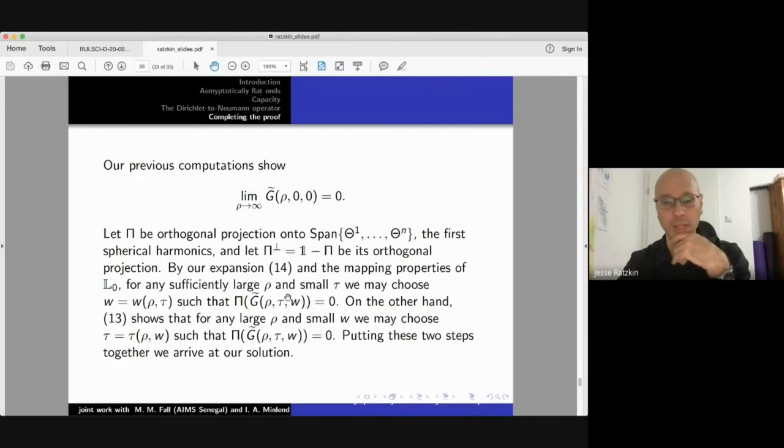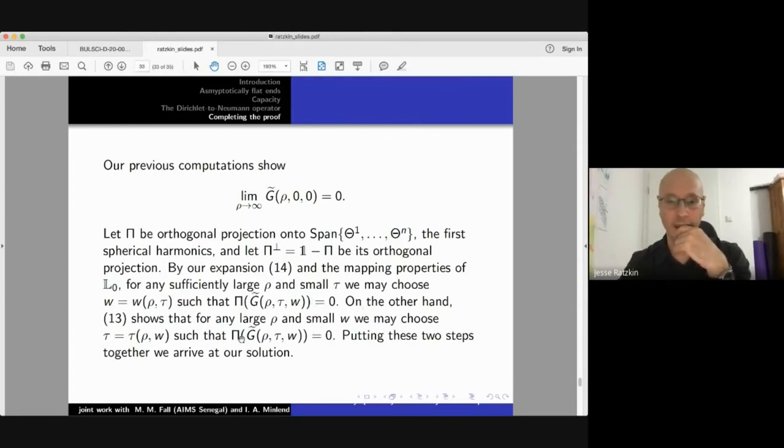So I can invert that part. So what does that mean? That means that for any large rho and small tau, I can choose a w depending on rho and tau such that pi of this guy is equal to 0.